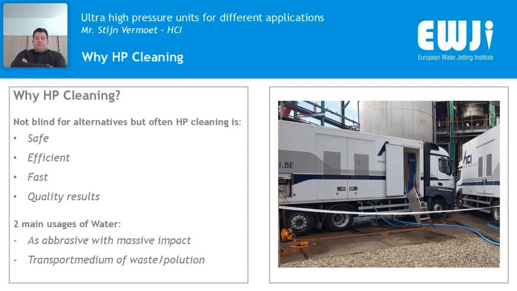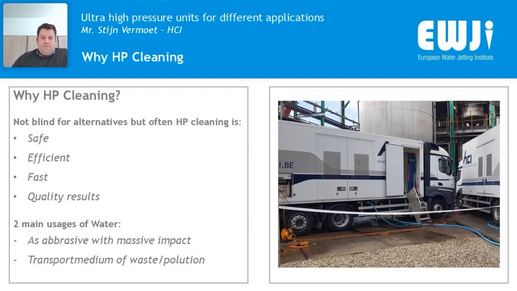It's very efficient, very fast, and the results are very good. And I think water is great because it has a very good abrasive work, and it's also used directly for the transport of the waste and the pollution we get when we clean some jobs.